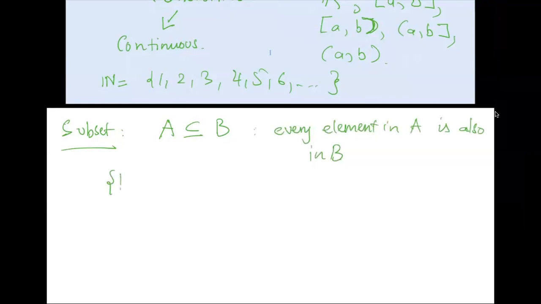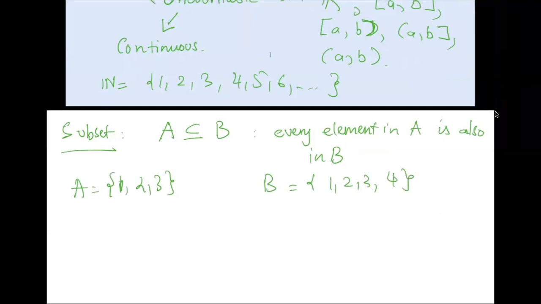For example, you have the set {1, 2, 3} as the set A, and the set B is {1, 2, 3, 4}. You want to check whether A is a subset of B or not. You will go through each element of A. I have element 1. I check if it is an element of B, and I see it here.